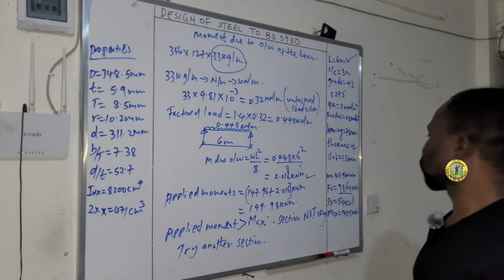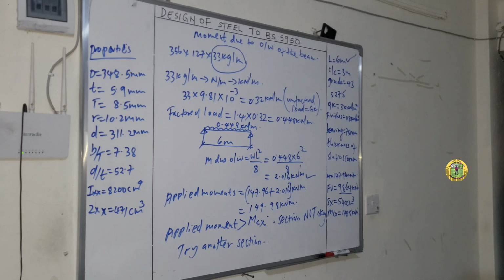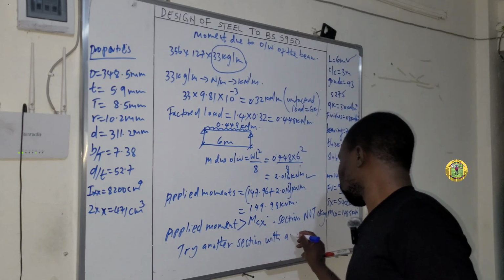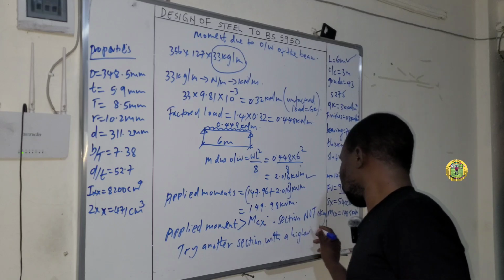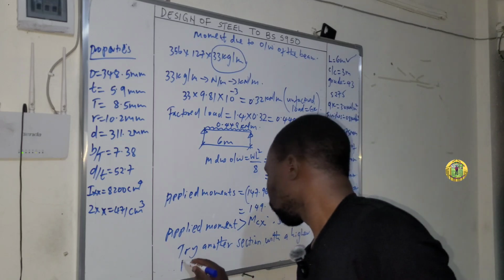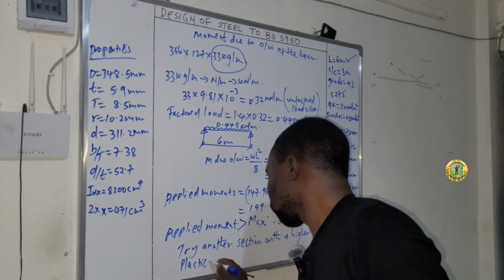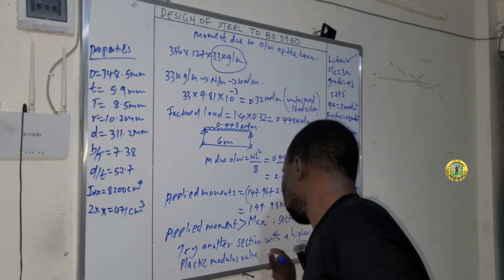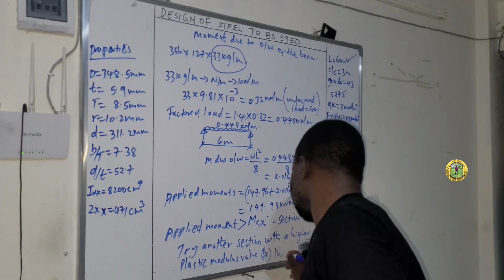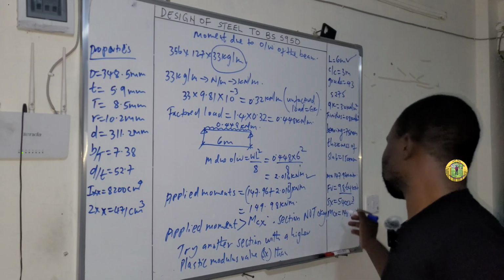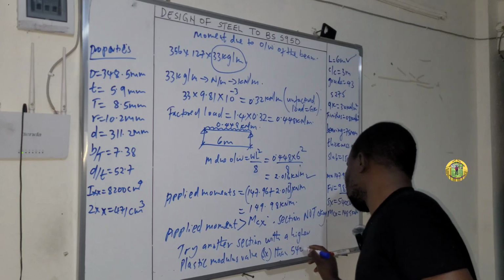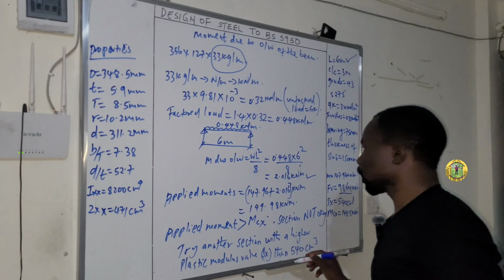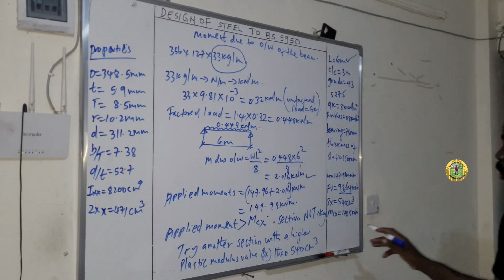So you will go back again to the table and choose another section with a higher plastic modulus, which is Sx, than 540 centimeter cubic. I think I showed you how to do this.